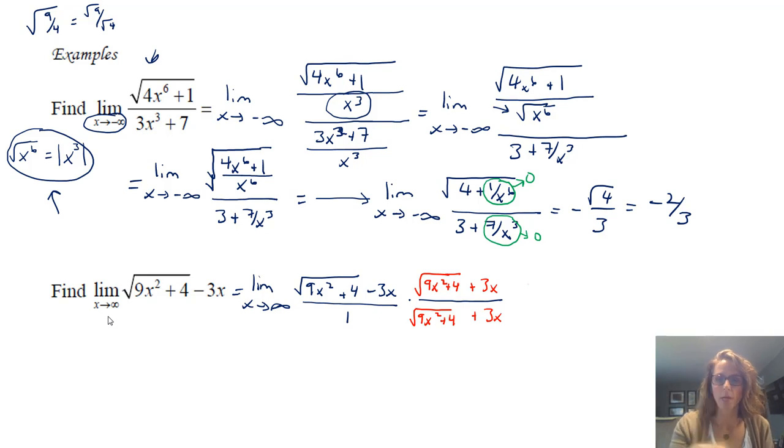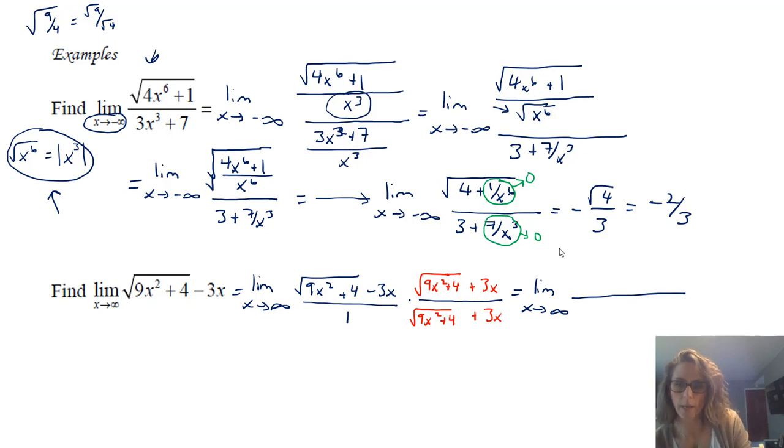And so what we're trying to do is rewrite this so that we can actually find possibly a whole number limit. So we have the limit as x approaches infinity, and then in our numerator we have 9x squared plus 4, because a square root times itself is squaring it, and then minus 9x squared. Notice what just happened there, because that's going to be really helpful to us.